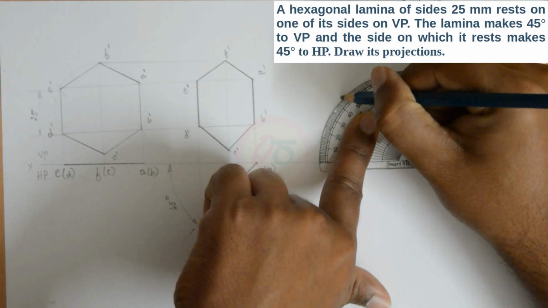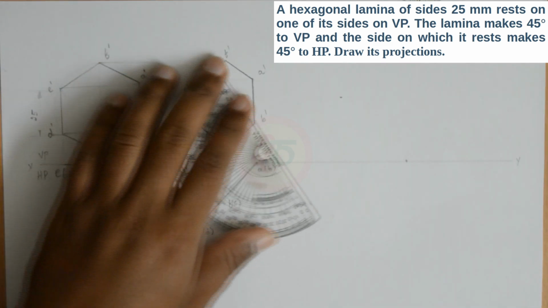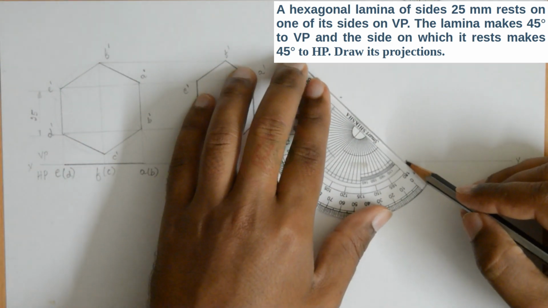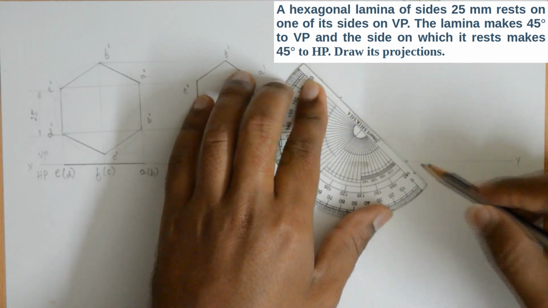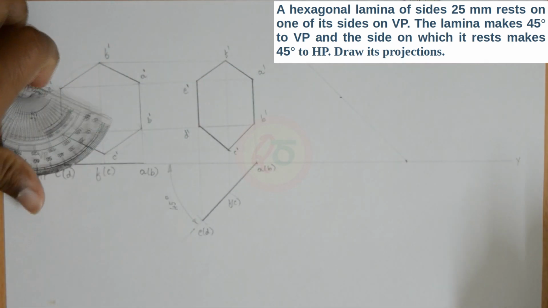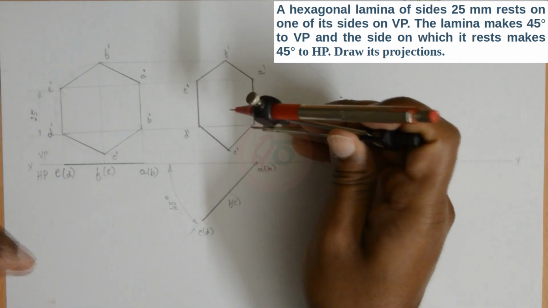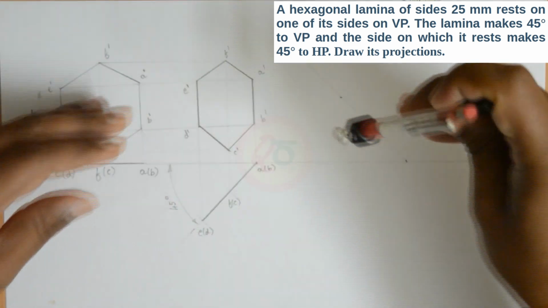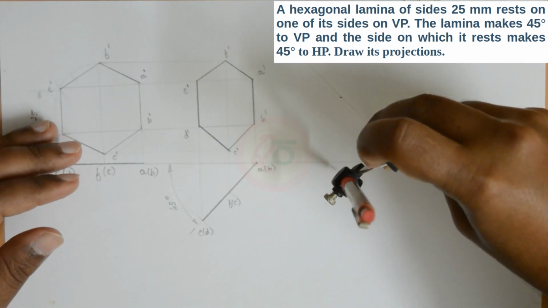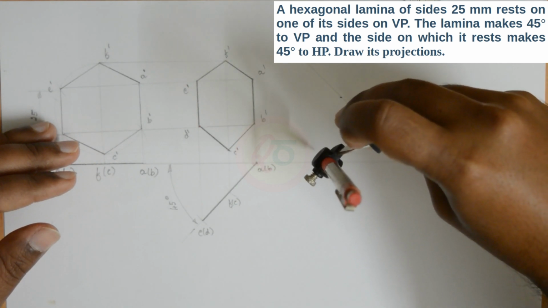So I'll mark 45 degrees. I'll draw a line. Now I'll take a rough measurement of what the distance is between A dash D dash. I'll try to mark at approximately 90 degrees where it crosses the XY line.